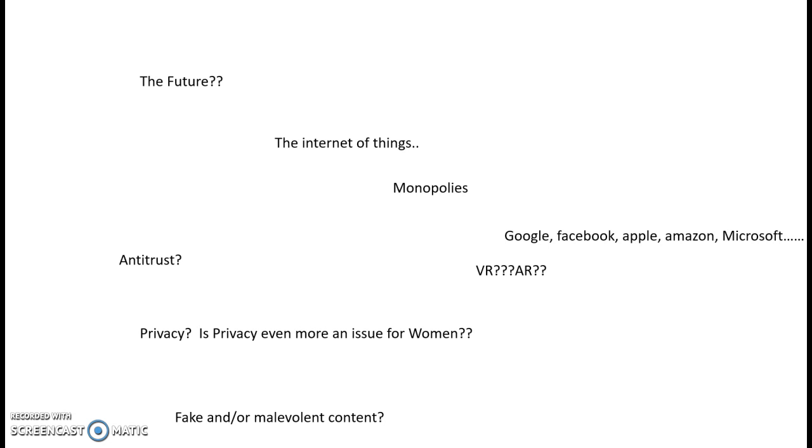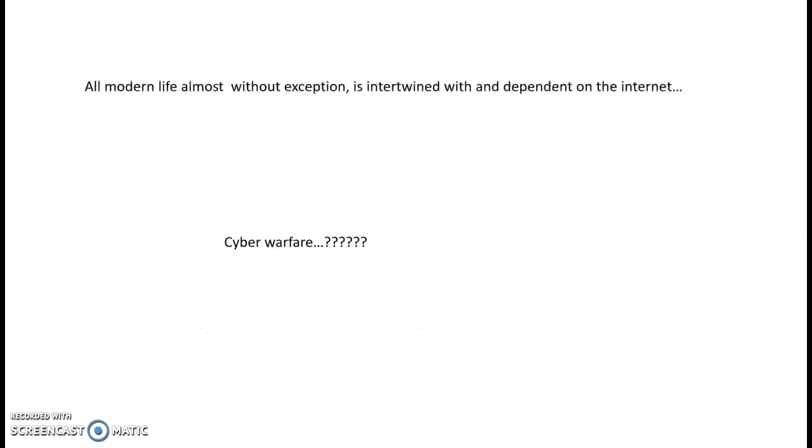Fake and malevolent content versus freedom of speech. And 5G for mobile is coming, and 5G also on the radio spectrum. These are smaller, shorter radio waves. It will allow much faster downloading of videos, much faster everything. They don't travel as far as regular mobile or radio waves, so there will be more relay stations being plunked around. There won't be huge towers, but there will be relay stations.